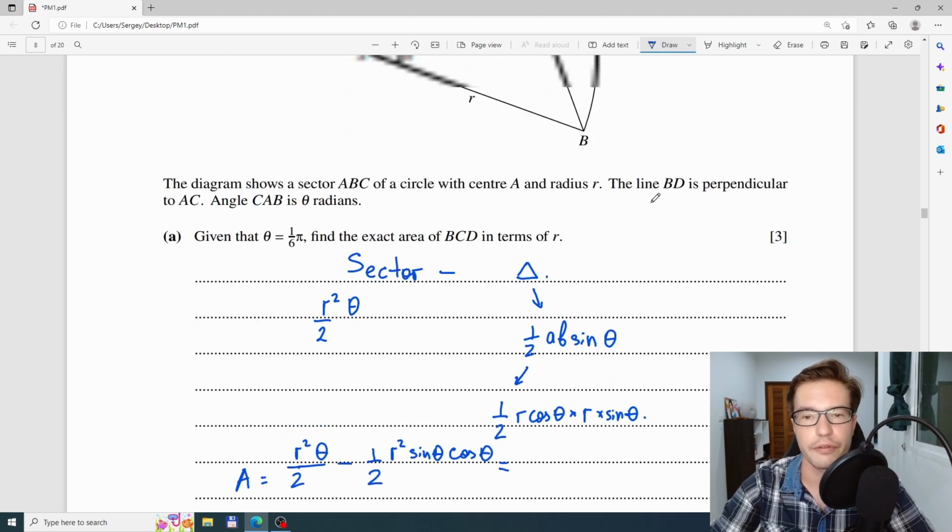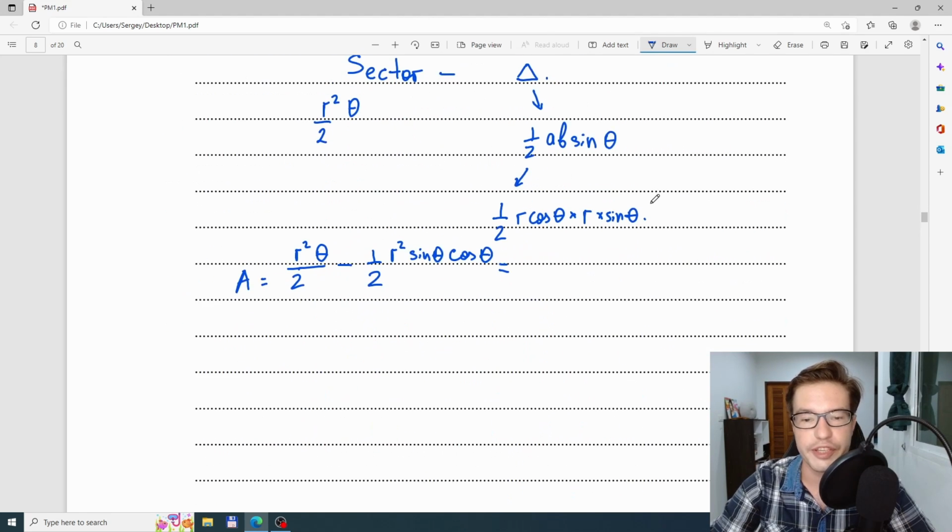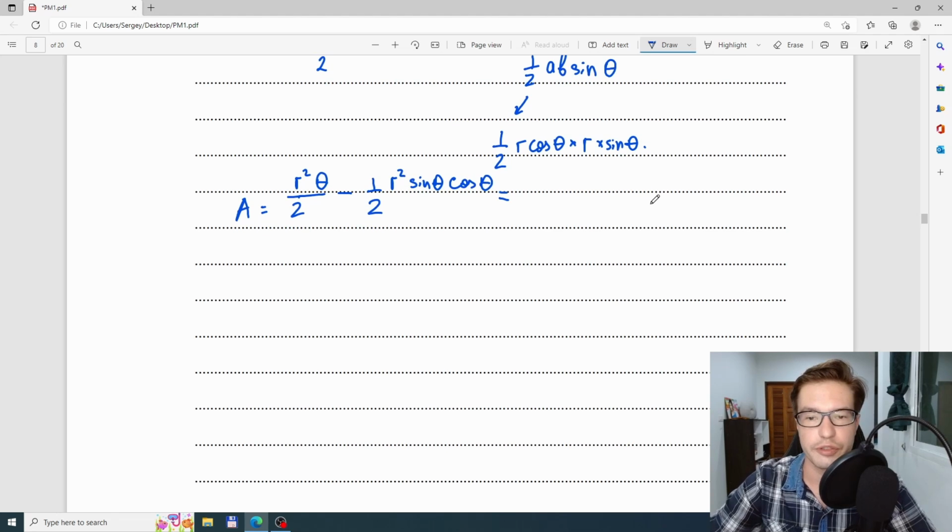And we're given the value of theta, which is pi over 6, so we can just substitute this into our formula for the area, and we will get r squared times pi over 6 divided by 2, that's going to be pi over 12, minus r squared over 2, sine pi over 6 is 1 over 2, and cosine pi over 6 is square root of 3 over 2.